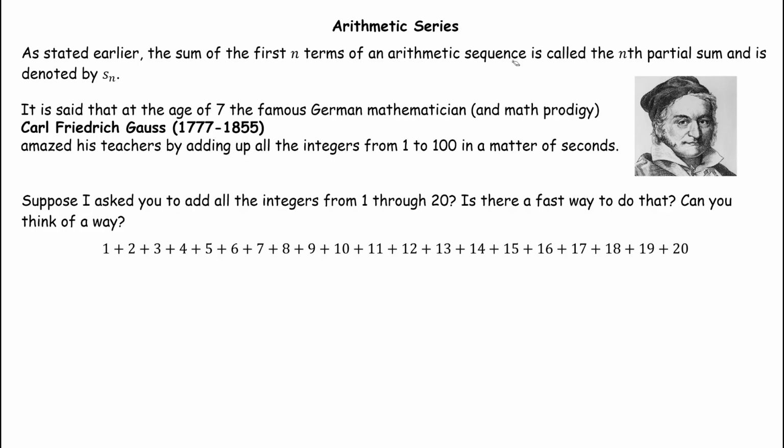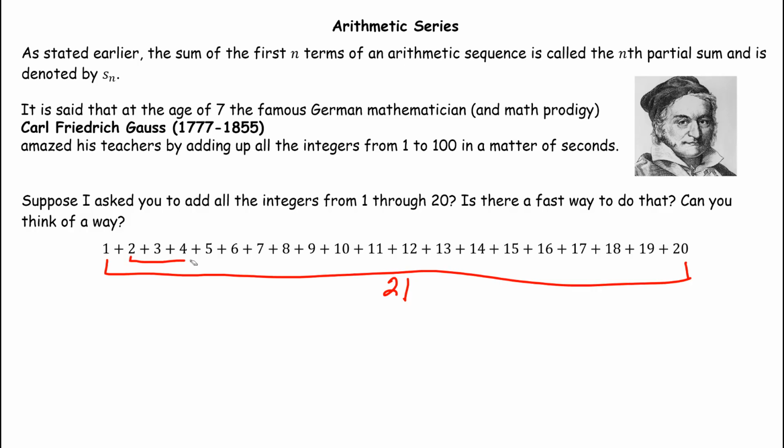We can if we figure out if there's an easy way to do it, if there's a pattern that emerges. And since you're not here to tell me, I will go ahead and tell you that if you wanted to add these up the way Gauss added the first 100 integers, you would notice the pattern that the first term and the last term add up to 21.